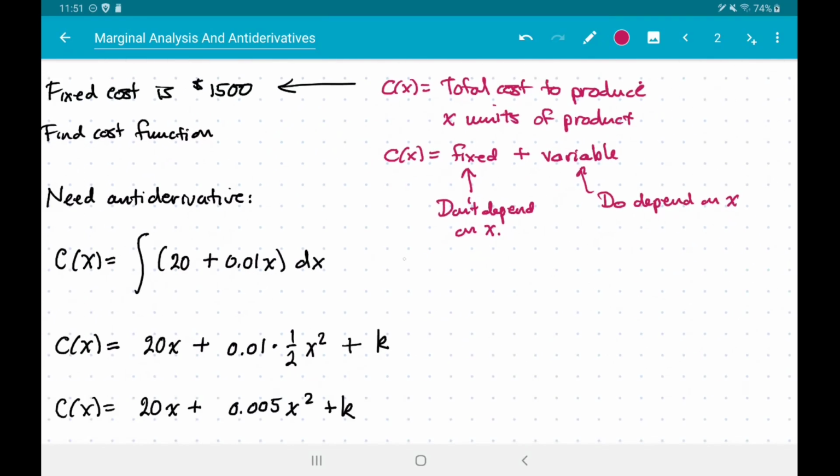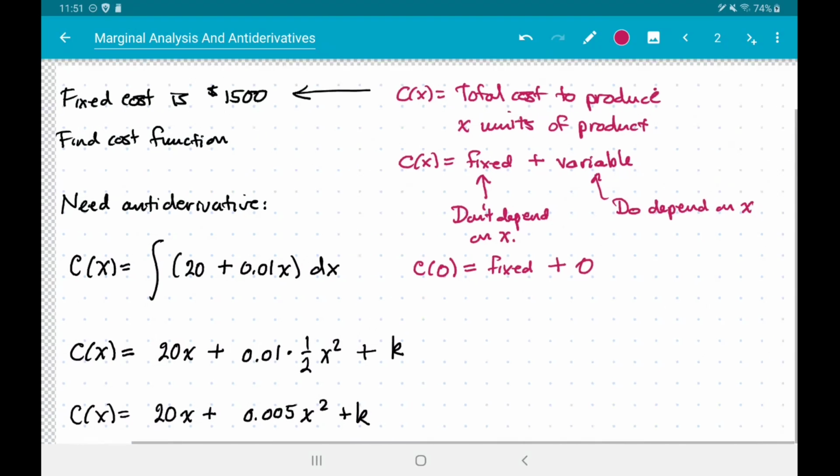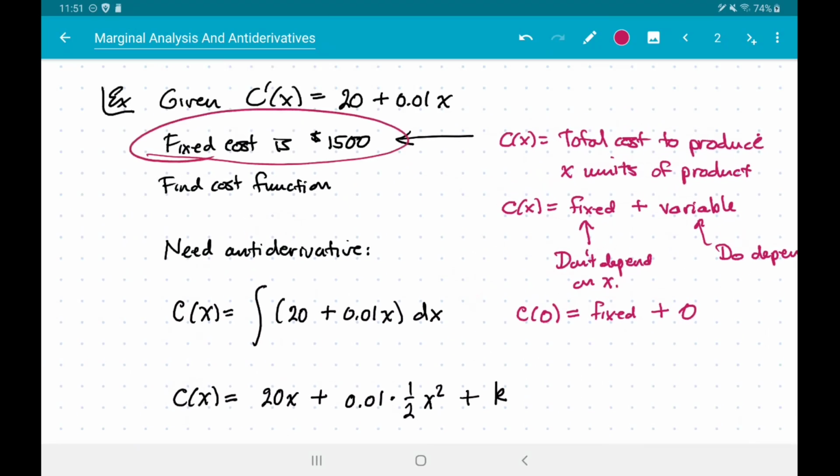And an important thing to know is that C of 0, that says that we make nothing but still tabulate the costs as possible. C of 0 is just the fixed cost component, because if we're making no units, there's 0 variable costs. So this information that the fixed cost for this business is $1,500, that's telling us that C of 0 is 1,500.